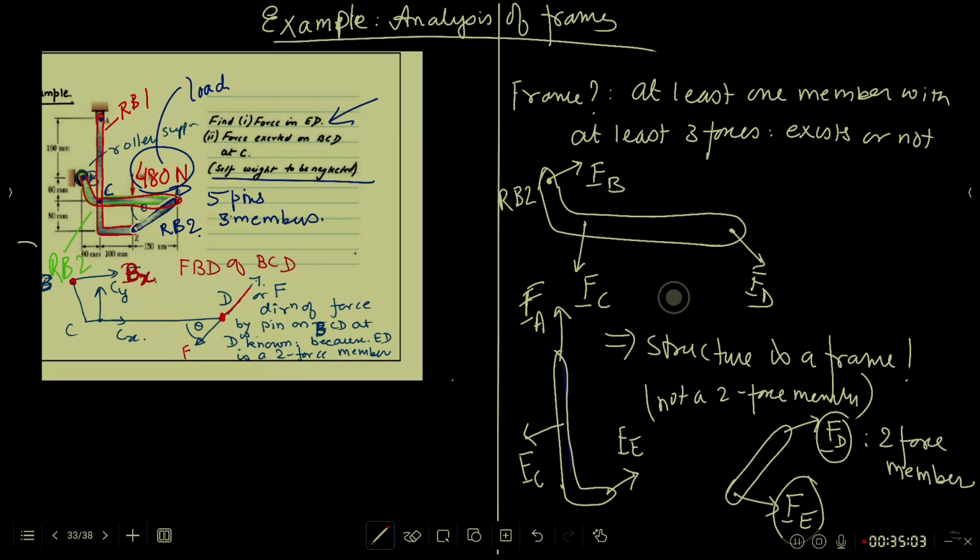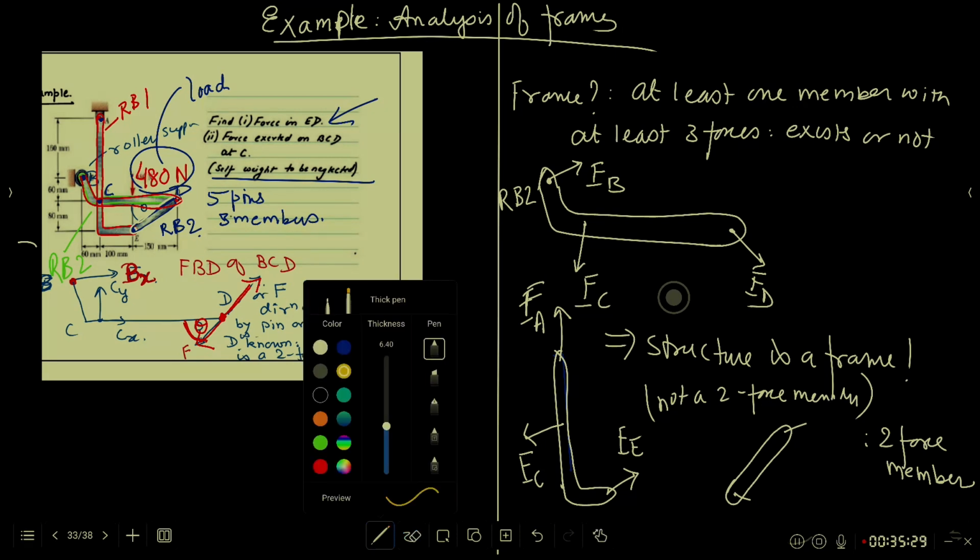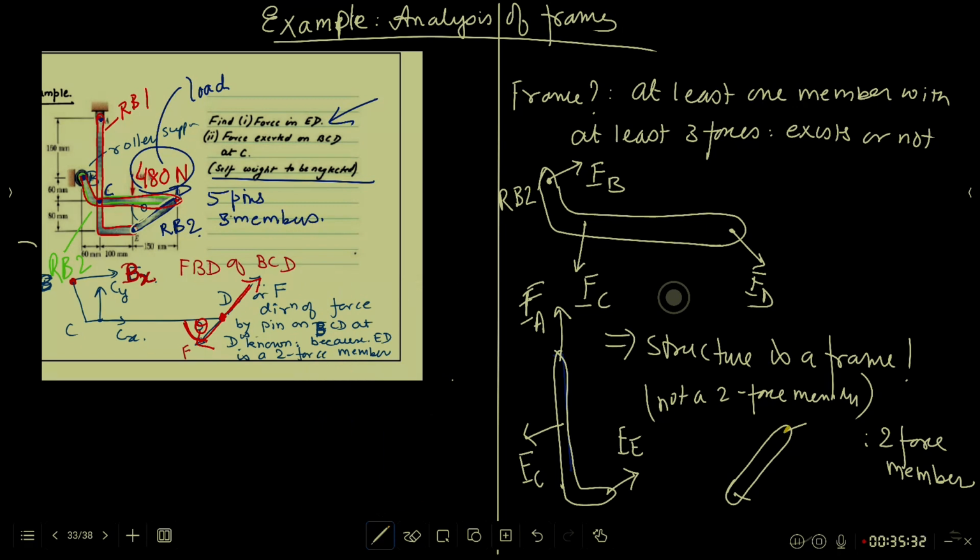So I can modify this and write it like this, where this angle is known, and I have just one unknown scalar here. That unknown scalar can be found while considering the FBDs of the other bodies, but only one unknown scalar.